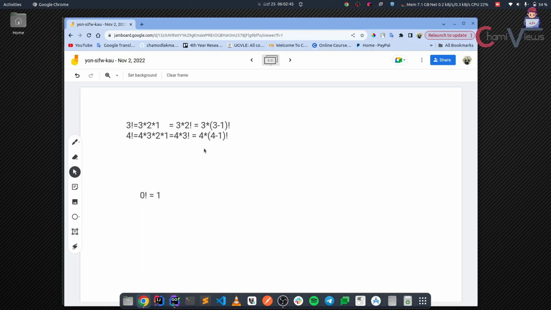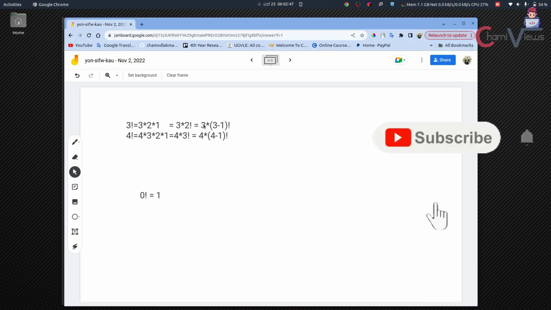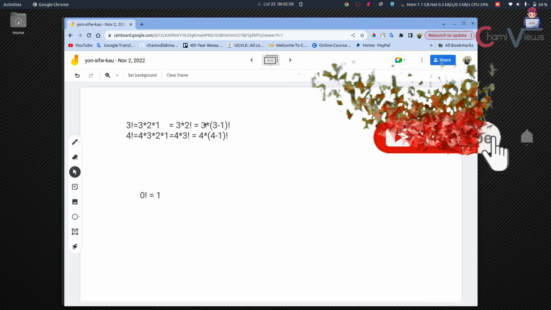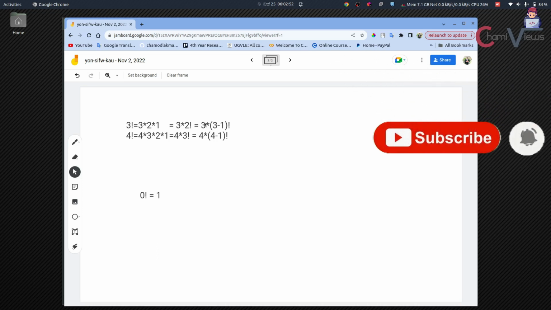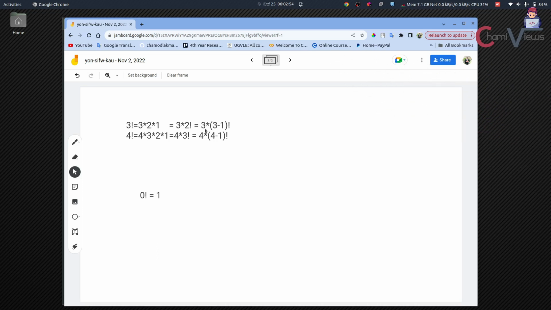In this example, we have demonstrated that we can get the factorial of some number by multiplying it this way.